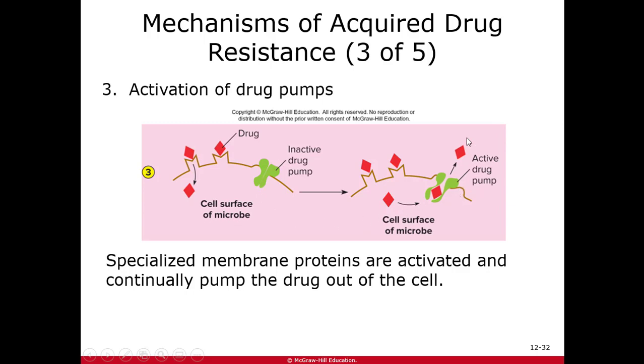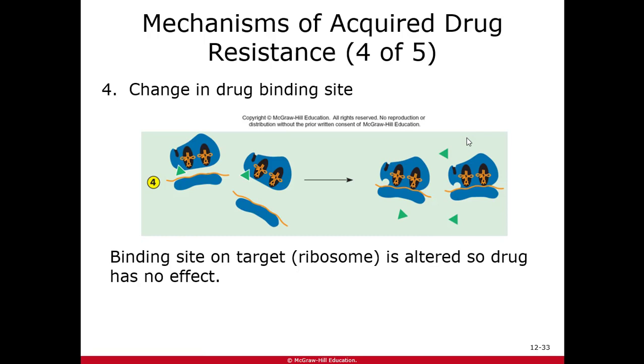Maybe that drug was supposed to work against ribosomes in translation, but now the binding site is altered so the drug can't bind. If it was normally supposed to bind right here to stop protein synthesis from happening, it's now been altered so that the drug can't bind there, and protein synthesis is going to take place like normal.